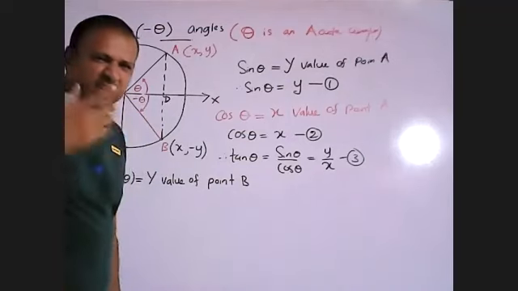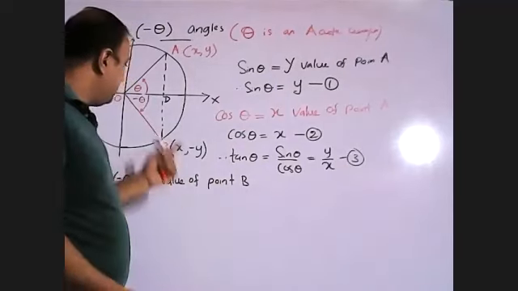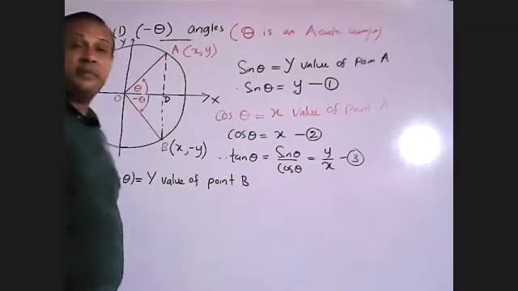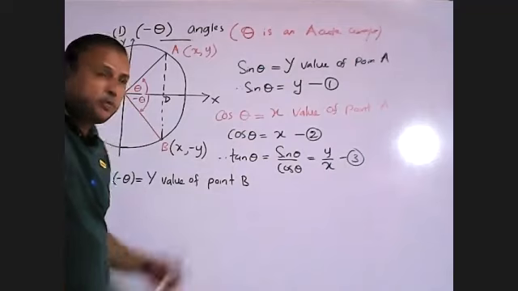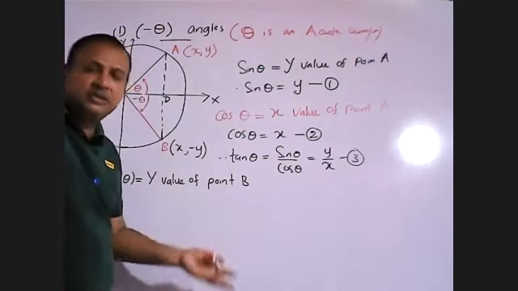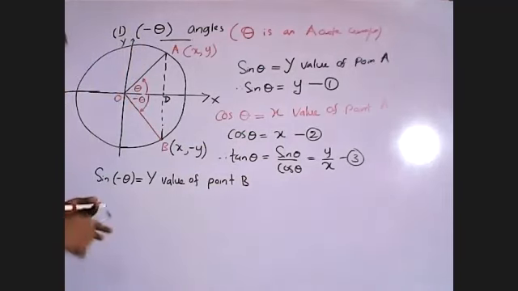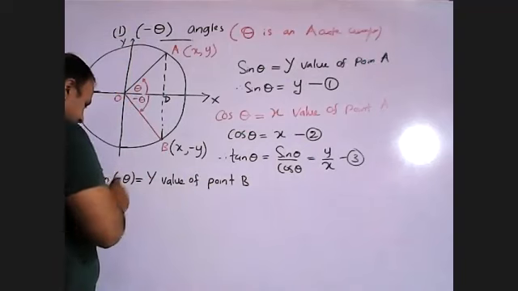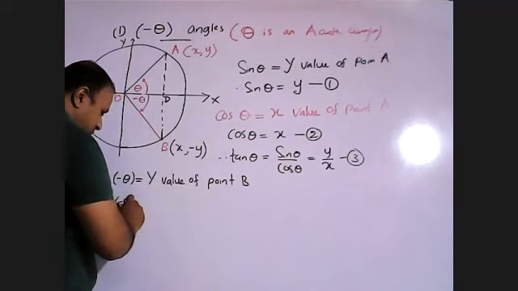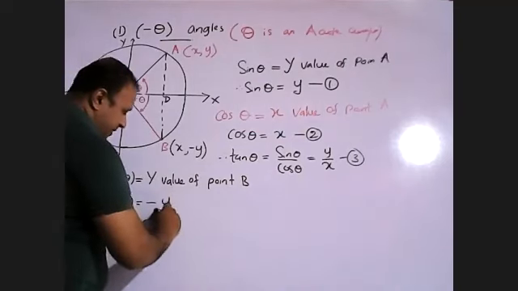It is very easy because there is no ratio between y and the hypotenuse, because the hypotenuse value OB is always equal to 1. So the y value of point B, therefore sine minus theta should be equal to minus y.